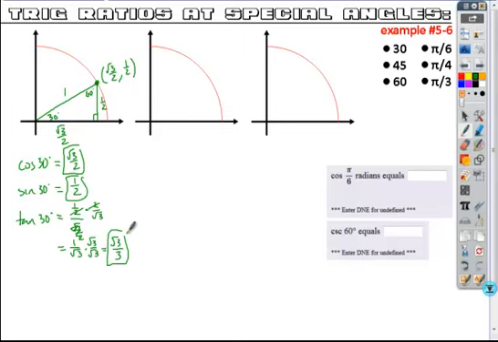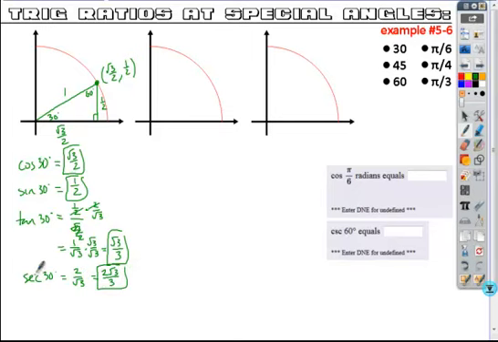Once we find these, we can find their reciprocal ratios as well. The reciprocal of cosine, we just flip this, and we get 2 over root 3. When you rationalize that, the shortcut with square roots is that dividing by the square root of a number is equivalent to multiplying by the root itself and dividing by the number in the radical. So 2 divided by root 3 is like saying 2 times root 3 all over 3.